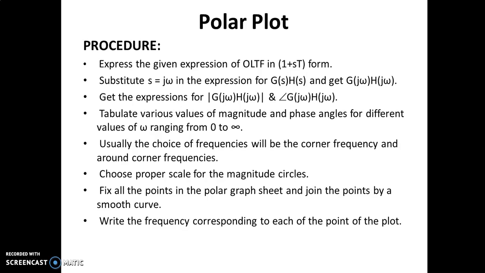Get the expressions for the magnitude and phase, |G H| and angle of G H. Then tabulate various values of magnitude and phase angle for different values of frequency ranging from 0 to infinity. We can take any number of values; there is no limit here. Usually the choice of frequencies will be the corner frequencies and values around the corner frequencies. Choose the proper scale for the magnitude circles.